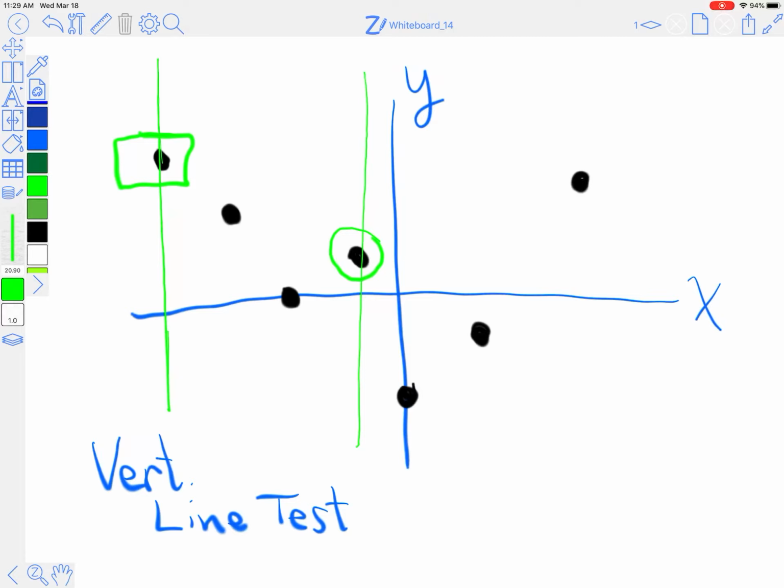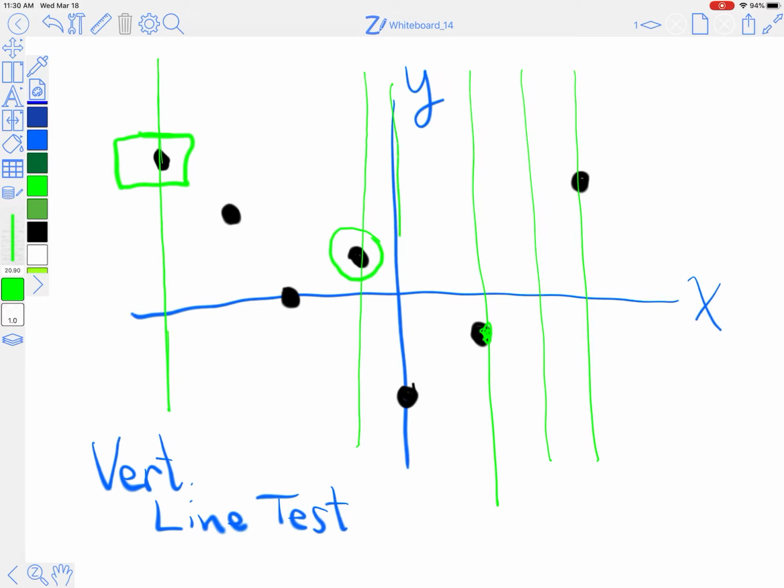So you can see as we're looking at this, this vertical line only touches one point. This line doesn't touch any points at all. That one should be touching that dot there. And if I drew one right here, that would also touch only one point. I could go ahead and do the same for the rest of these.